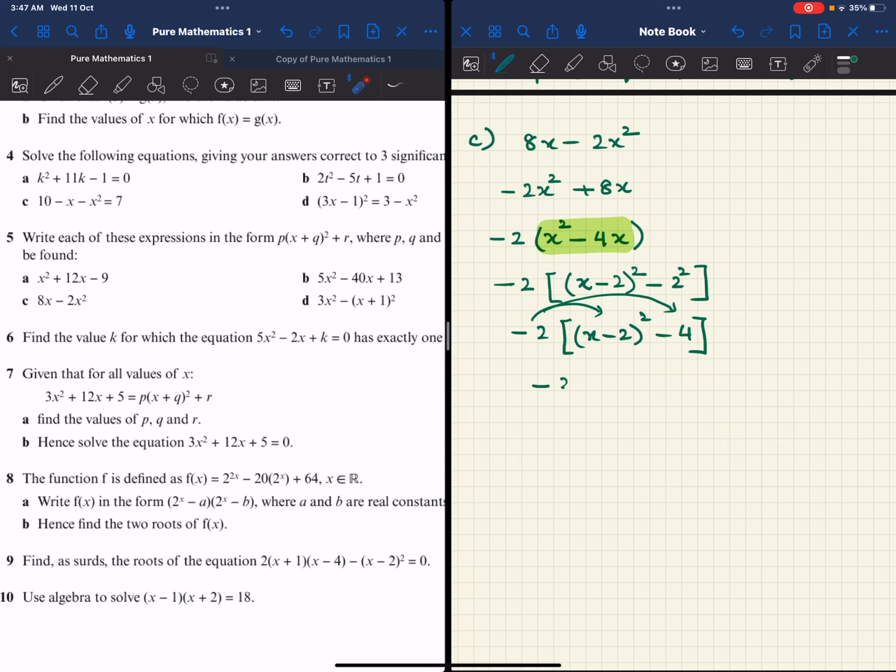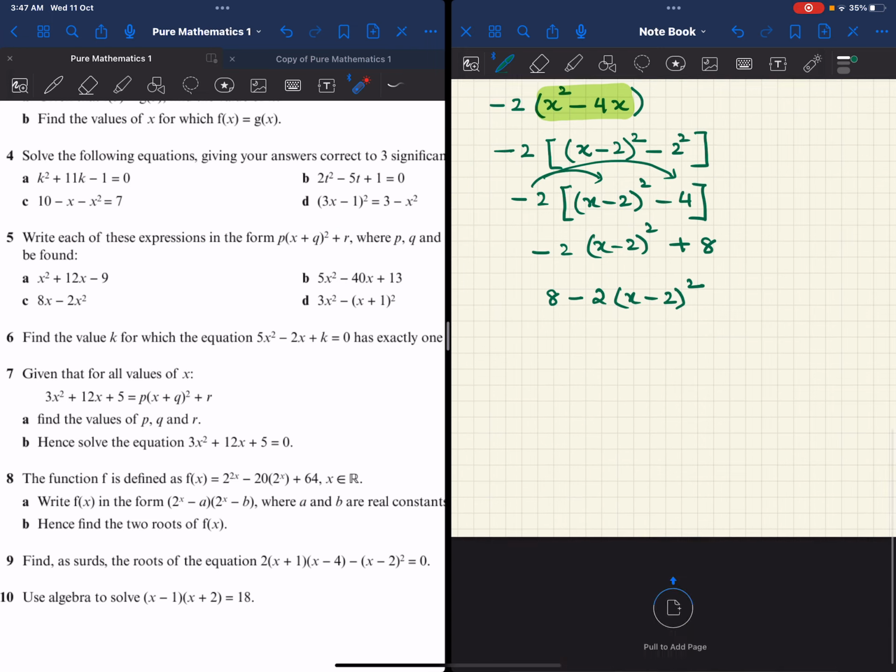So we have −2(x − 2)², and there is no need of this bracket now. And 2 fours will give us 8. We can write our answer starting with the positive term, 8 − 2(x − 2)².